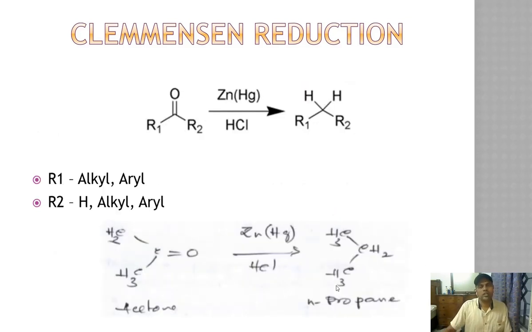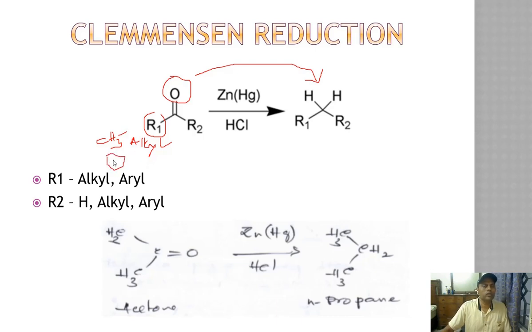So this is the general formula for the reaction. Here the keto group, you are converting that to hydrocarbon CH2 group. Here the R1 can be alkyl, like CH3 or C2H5, or this can be aryl group, like this with the benzene ring.